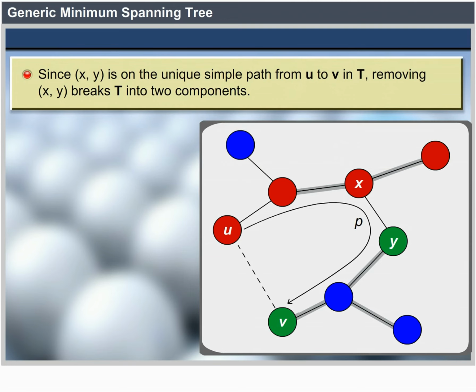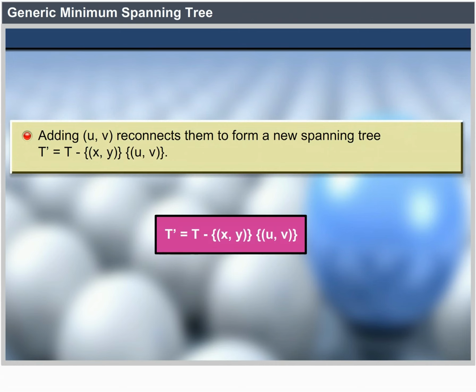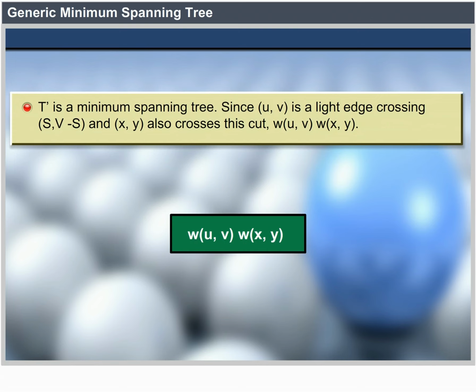Adding (u, v) reconnects them to form a new spanning tree T' = T minus {(x, y)} union {(u, v)}.